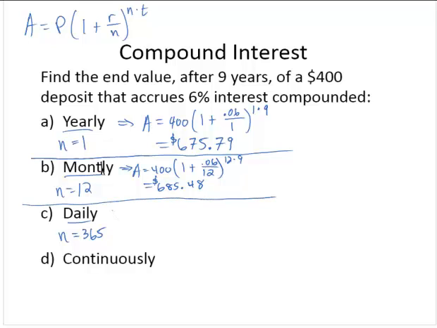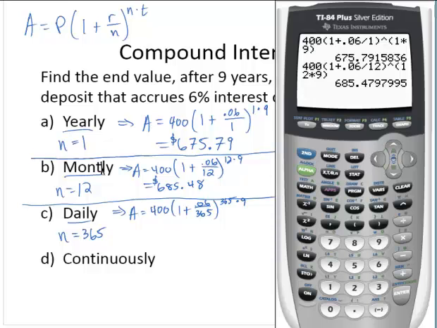All right, now daily, instead of 12s, we'd have 365s. So we'd have 400 times 1 plus 0.06 over 365 raised to the 365 times 9. Again, I can hit second enter on my calculator, and I'll get rid of those 12s and replace them with 3, 6, and then I'll insert the 5 and do the same thing with the other 12.